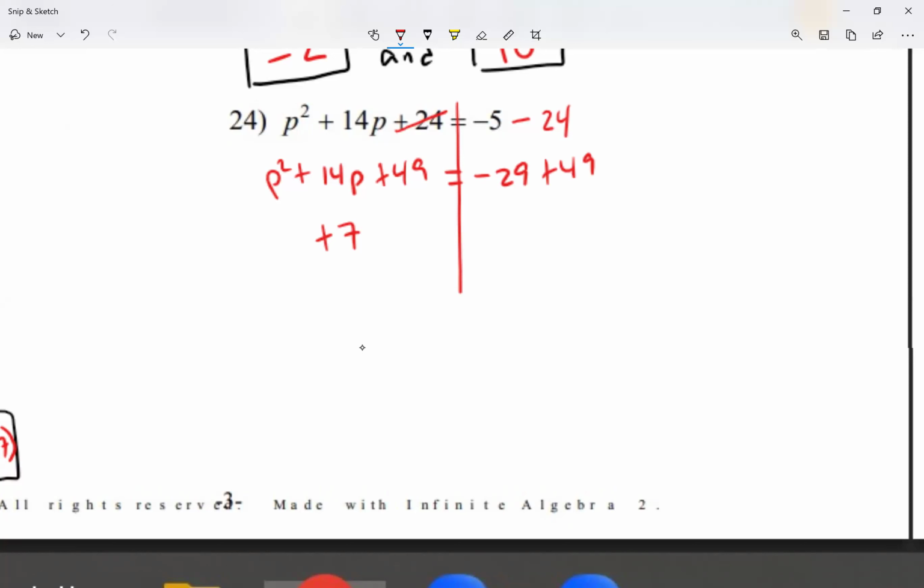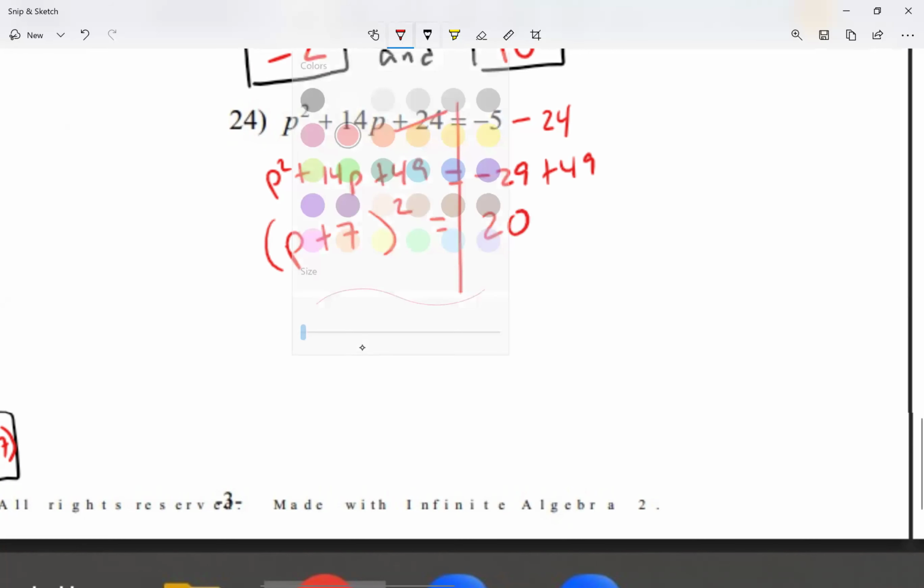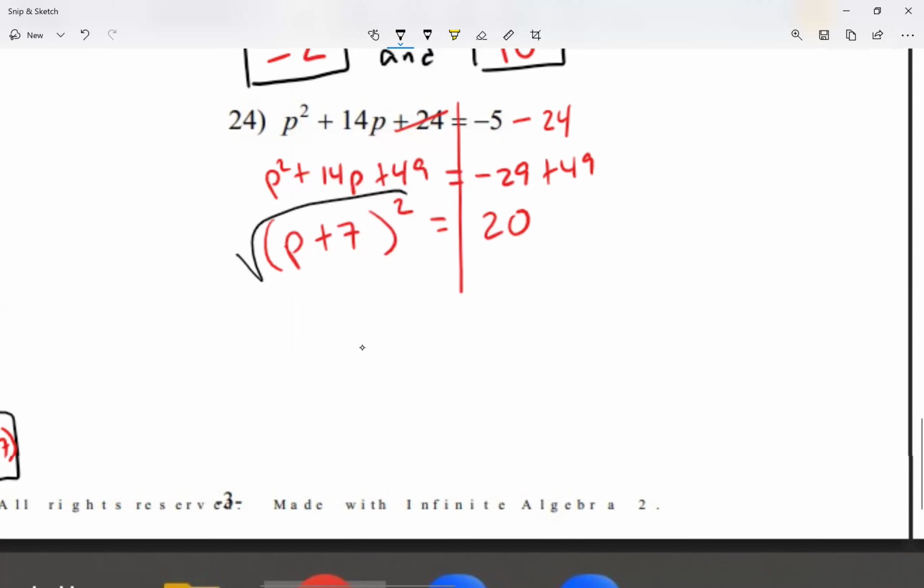The left side, p squared plus 14p plus 49. That factors as p plus 7 all squared. Right, I was completing the square. On the right side, -29 plus 49, that is 20. Now let me get the square root on each side.